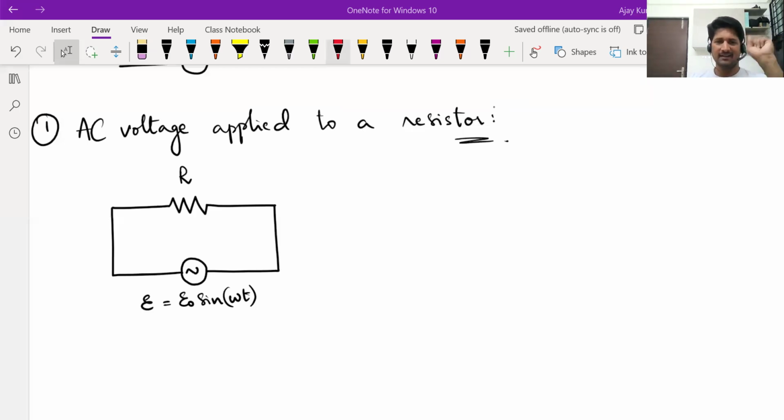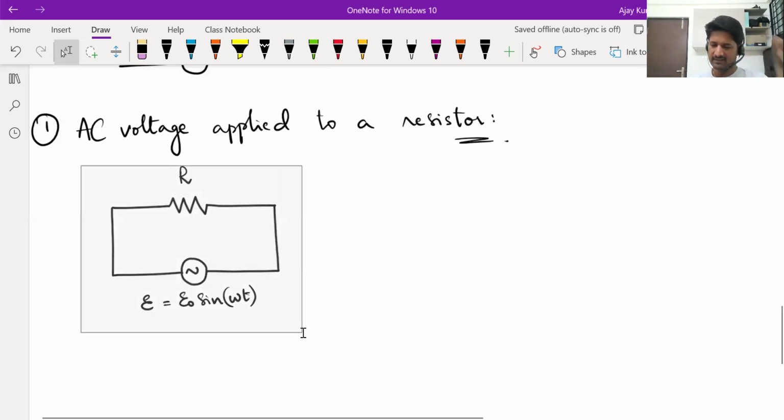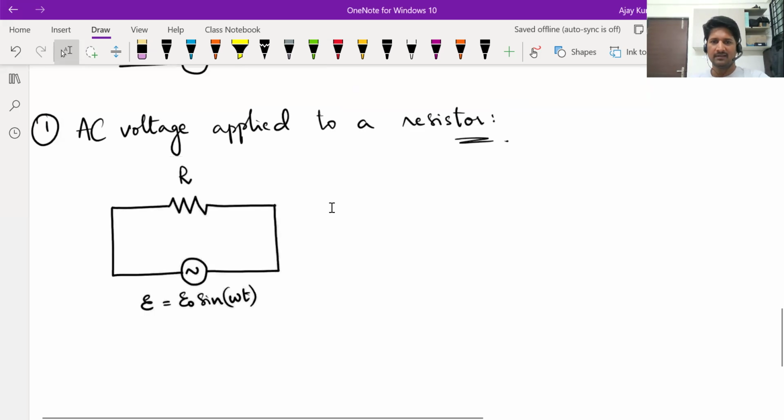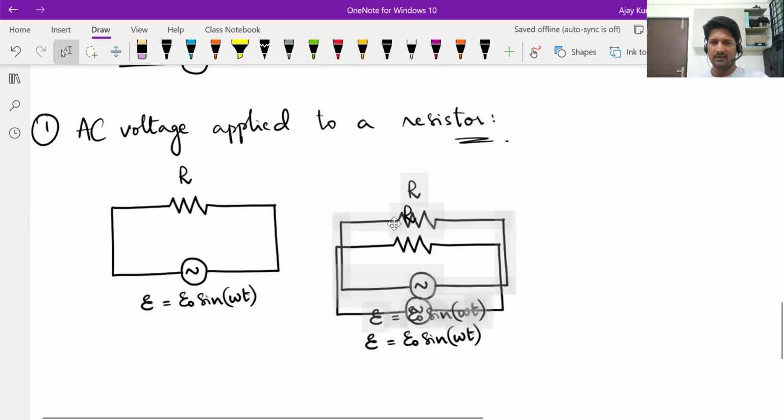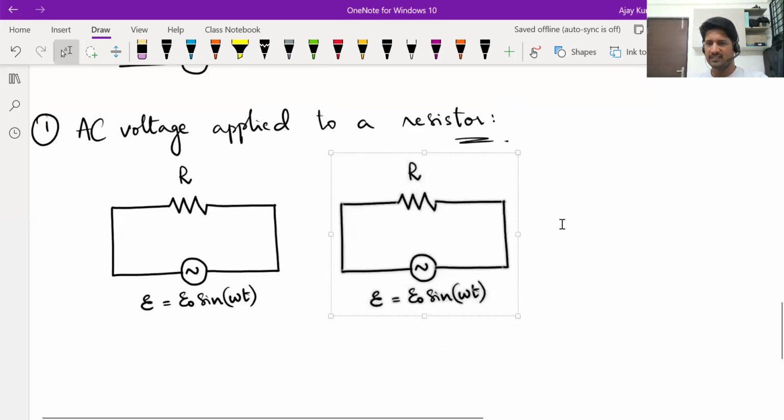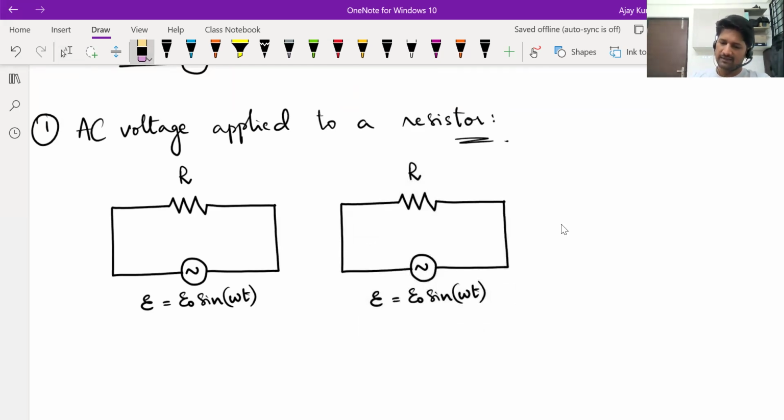Now see, this is an alternating EMF. So what happens is, for some time, for half a cycle, let's say the positive half cycle, the left terminal will be at positive or high potential, the right terminal will be at low potential. The same applies to the resistor.